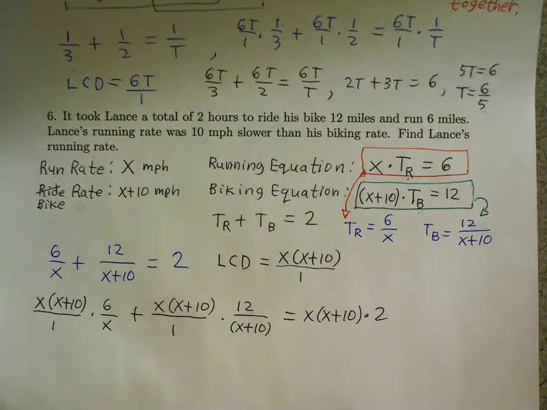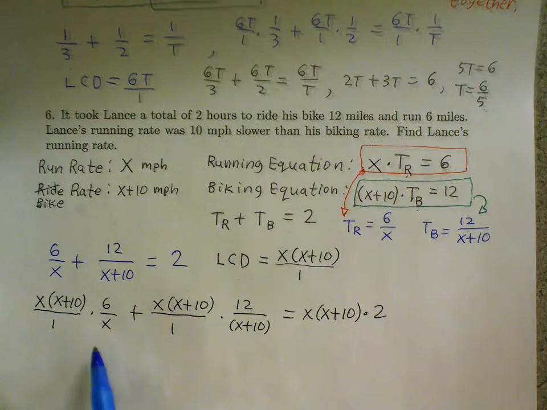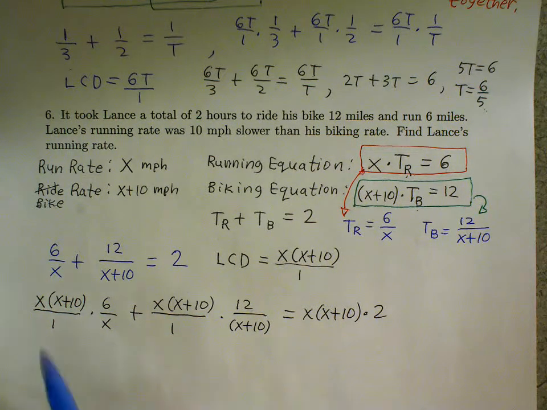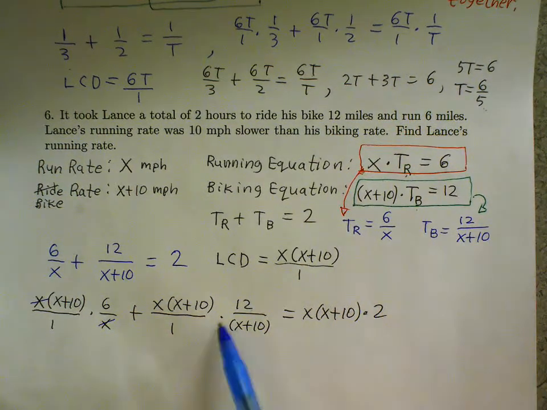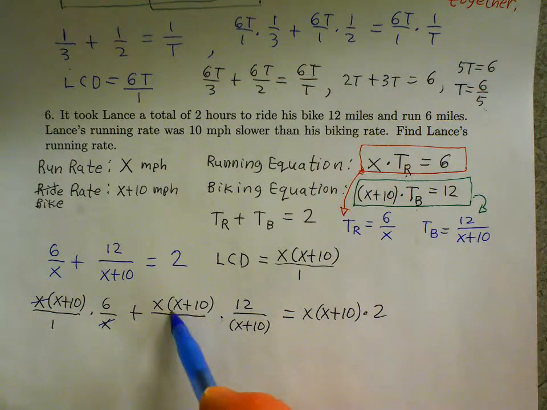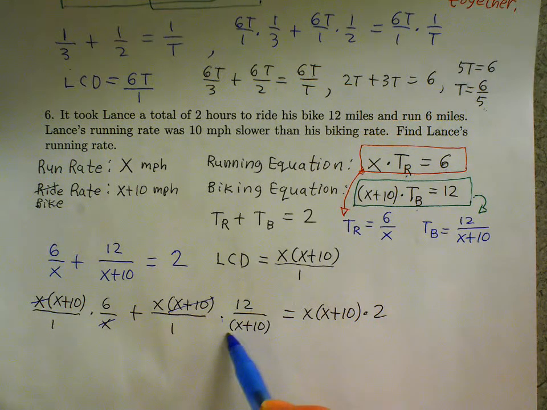We're going to get cancellations. That's the whole purpose for multiplying by the least common denominator. So in this first product, x divided by x cancels. In the second product, the binomial x plus 10 divided by x plus 10, those cancel.